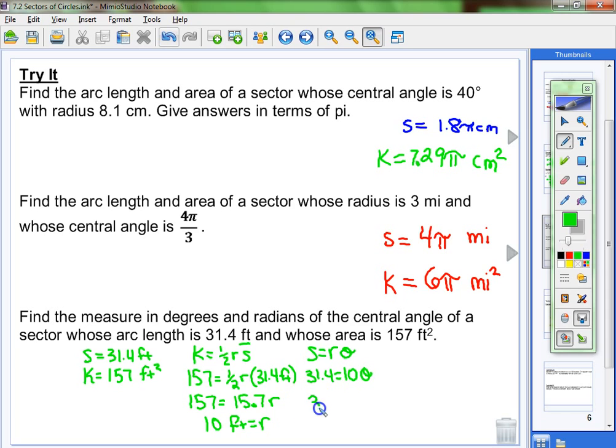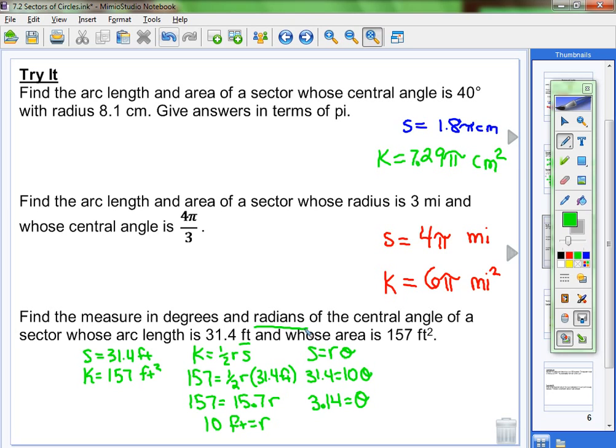When you divide by 10, you get 3.14 is theta. 3.14 you should recognize as being pi. So our answer in degrees will be very close to 180. But we have not been given exactly pi, so we're going to work with it this way. But in radians, theta is 3.14.